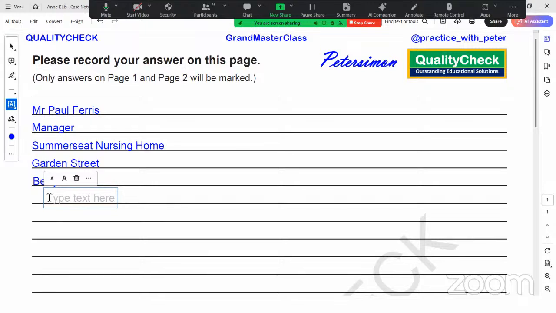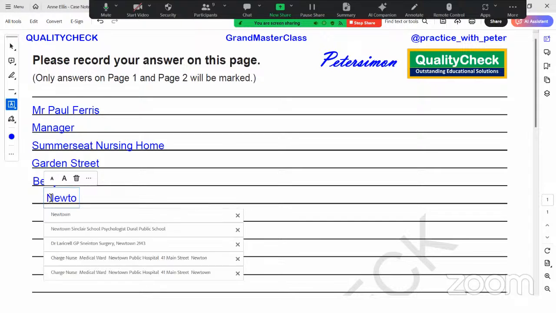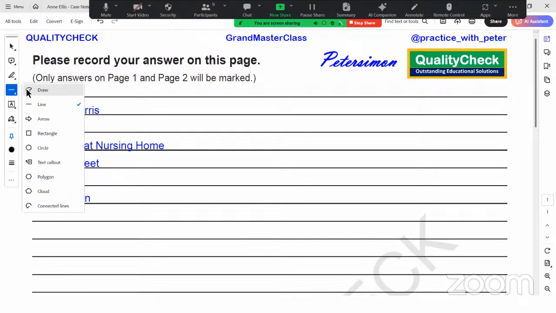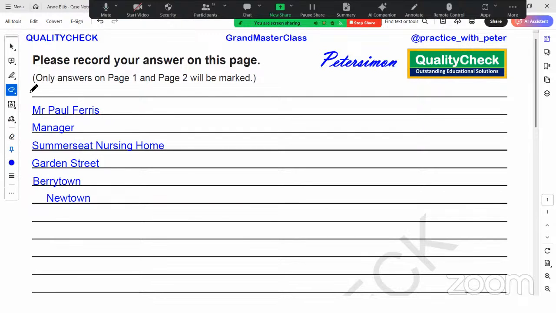Sometimes people will write like this. What is that? New town, like this. No, you are not supposed. See how it is. It's not fair. See here. You're starting like this, but it is going inside like this. This is not nice.